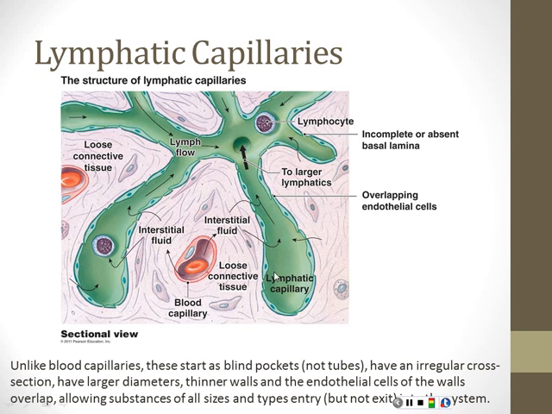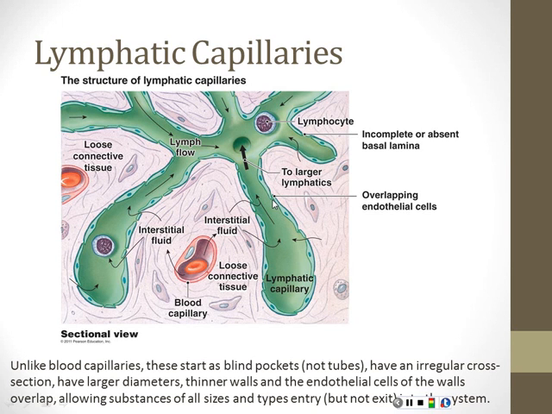And the reason that happens is the walls of these lymphatic vessels, the cells that make the walls, overlap like shingles on a roof. All right, and you can sort of see that, this is probably the best one right here. Do you see how this cell sort of overlaps this next one?